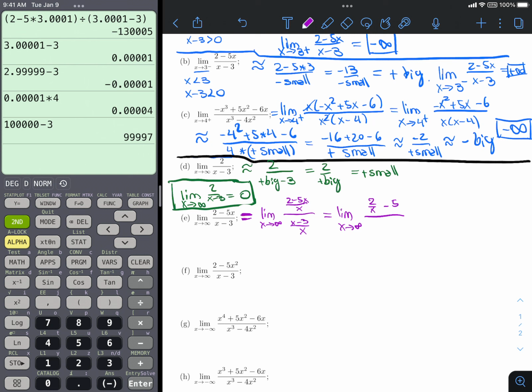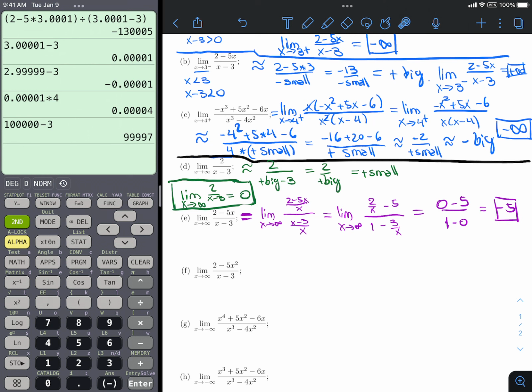And bottom, 1 divided by x is 1 minus 3 over x. So what happens now? x is getting very, very big. So 2 divided by something very, very big is going to be 0. 3 divided by something very, very big is going to be very, very small, so 0. So this will be 0 minus 5 over 1 minus 0. So that's just minus 5.